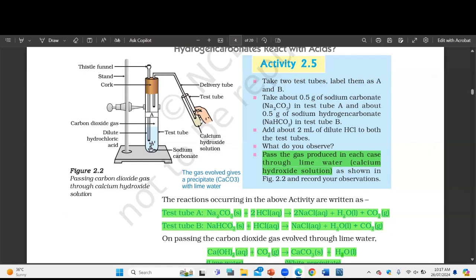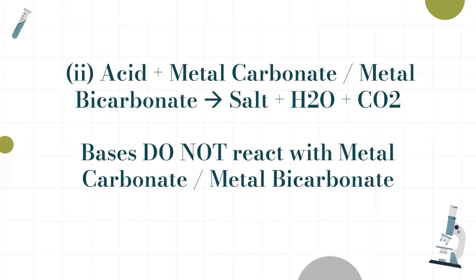That precipitate is calcium carbonate. The reason we form calcium carbonate when we pass the gas obtained from this reaction through lime water is because of the liberation of the gas carbon dioxide.